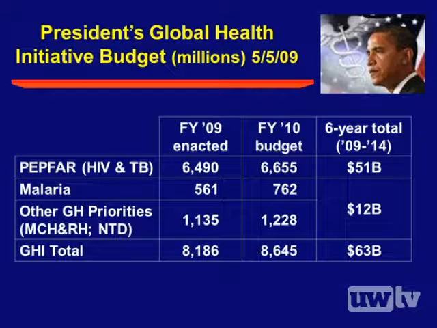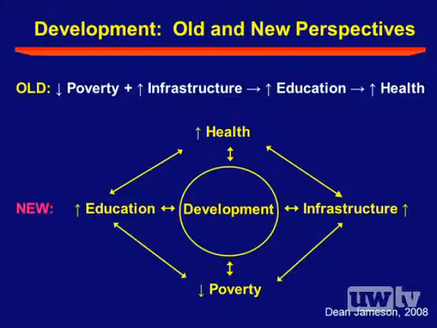There are old and new perspectives on development, the sorts of things that USAID and the World Bank and the IMF do. So the old concept was first you targeted poverty, and then you strengthened infrastructure, and together that would lead to better education and then finally to better health. So it was like a continuum.